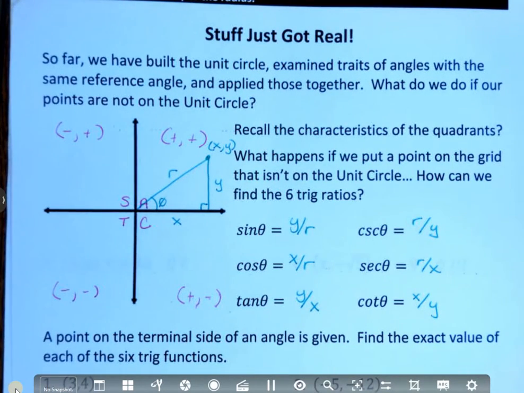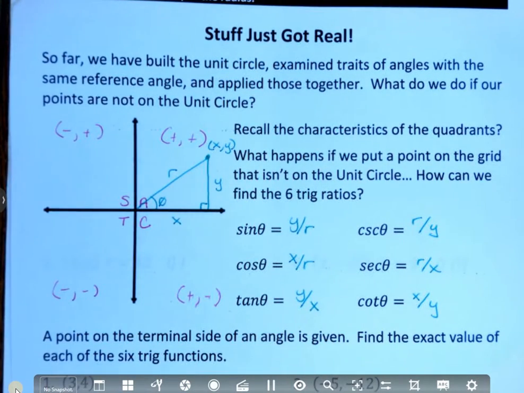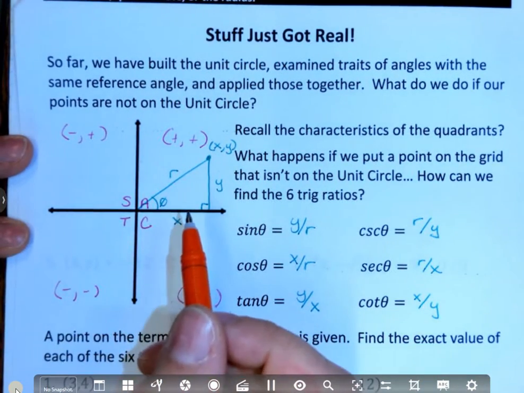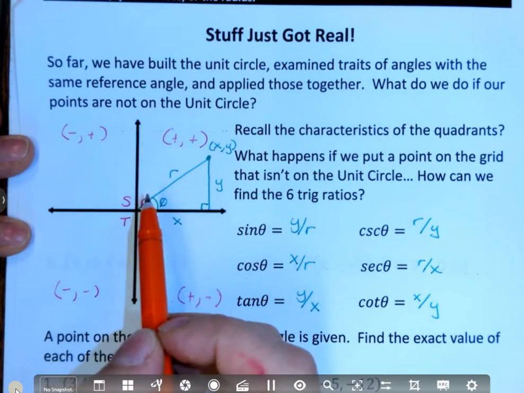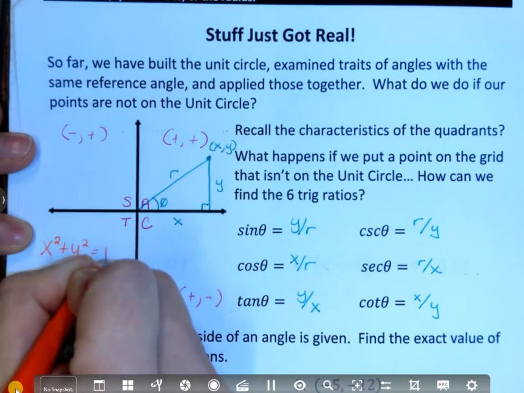Okay, I lied. There's one thing I didn't tell you last class. If I give you x and I give you y, how do you find r? Oh, so you knew that already. No, in the unit circle, r is 1. Generally speaking, you can do Pythagorean theorem. Okay, so maybe you do know everything.